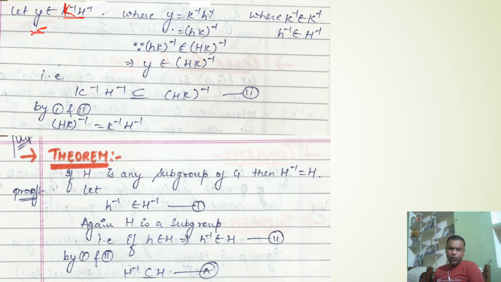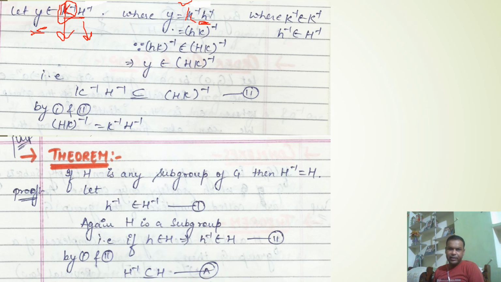This y will be generated by the product of two elements, where the first element is taken from the inverse of complex K, and the second element is taken from the inverse of complex H. So the element belonging to K inverse will be written in this pattern. Here this is small k and this is small h. It means it is the inverse of an element taken from H.